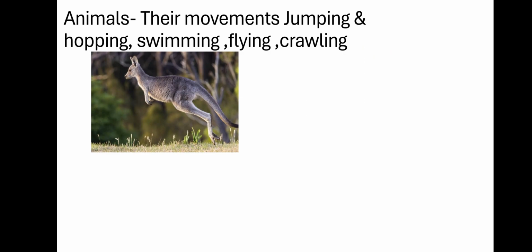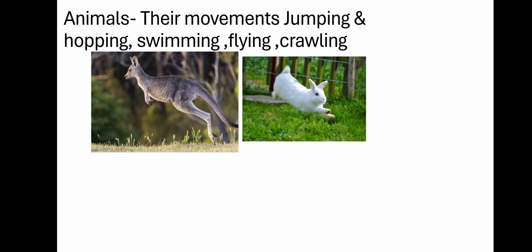Now you can see this kangaroo, how high it jumps, and it travels a long distance very fast. So jumping and hopping is the movement of the kangaroo. Then even the rabbit, it also jumps and hops and travels a very long distance very fast.